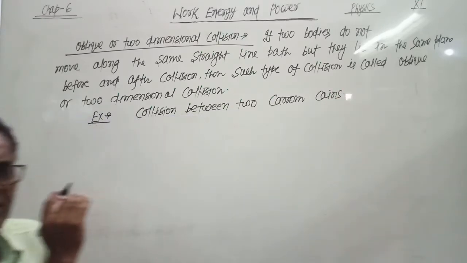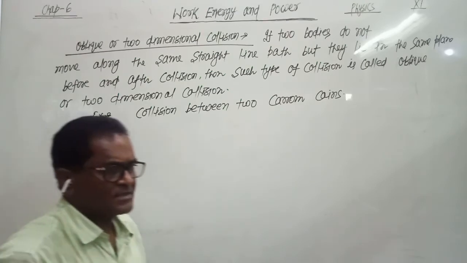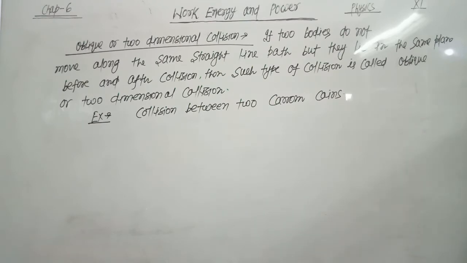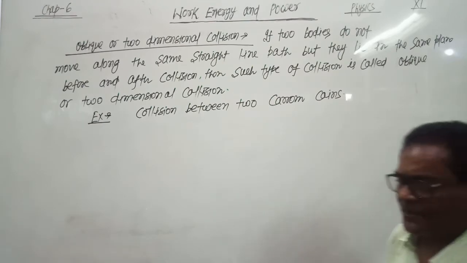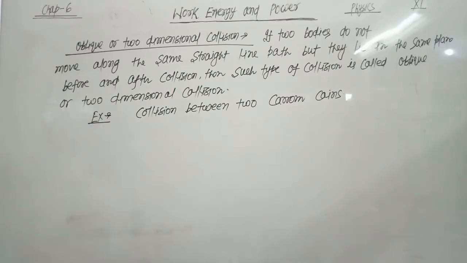Collision between two carom coins is an example of oblique collision or two-dimensional collision, because before and after collision, they are not on a straight line path, but they lie in the same plane. So such type of collision is called oblique collision or two-dimensional collision.